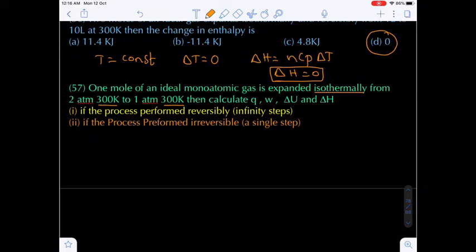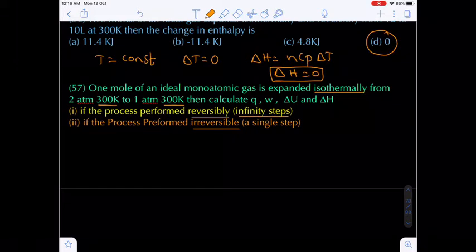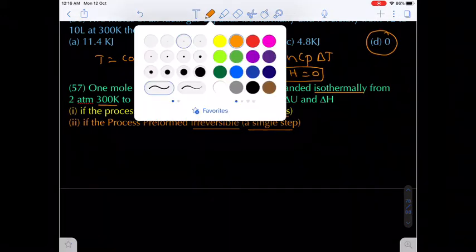Okay, then calculate Q, W, del U, del H. If the process is performed reversibly, and if performed irreversibly, that means we have to calculate in reversible as well as in irreversible process. In a reversible process, an infinite number of steps will be available, whereas in an irreversible process, finite number of steps, that means 1 step, 2 step, 3 step, like that.